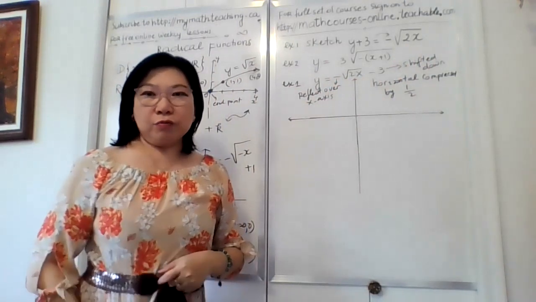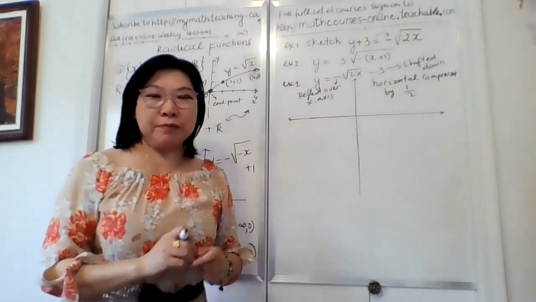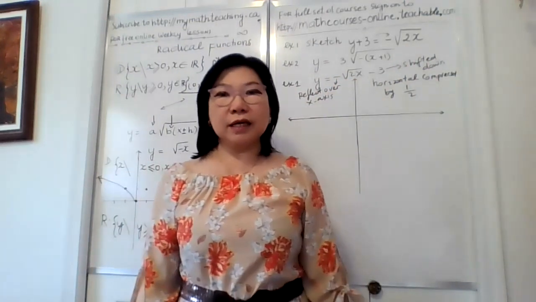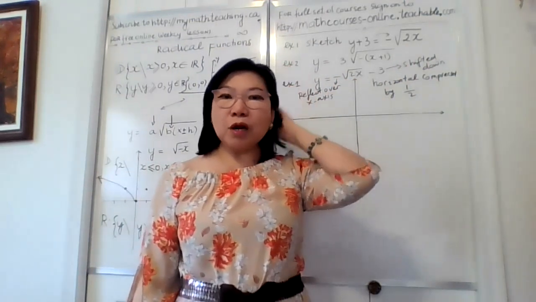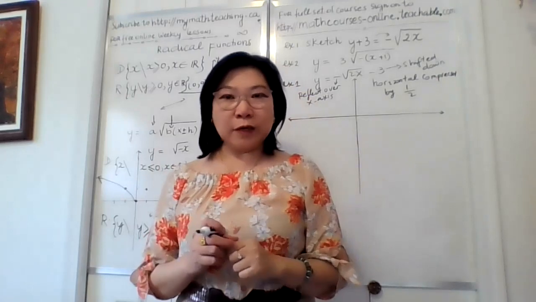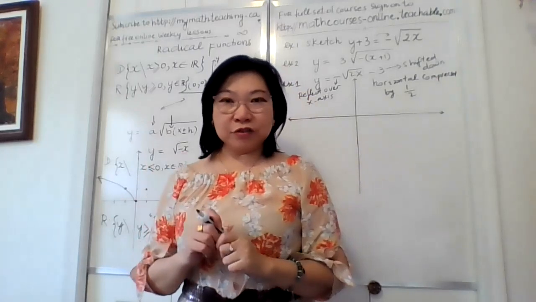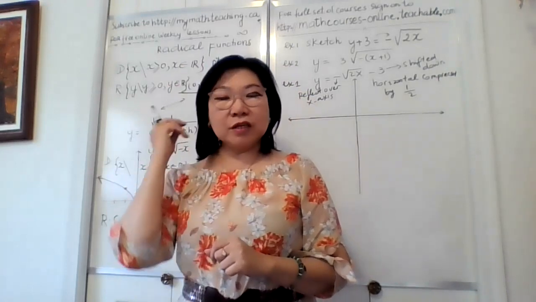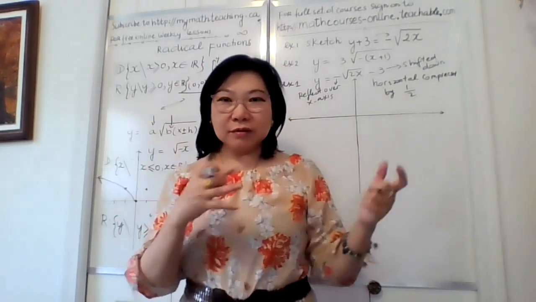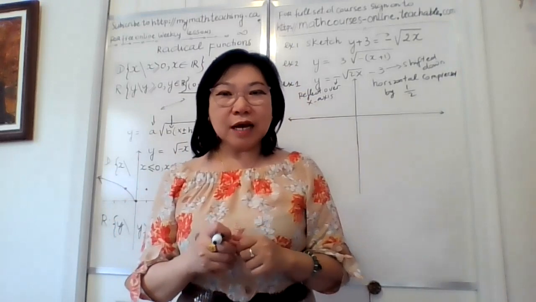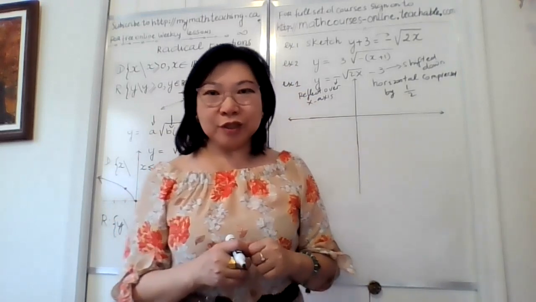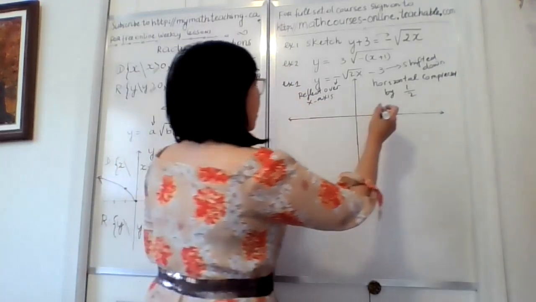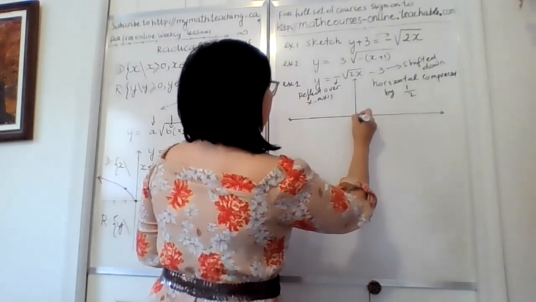So how are we going to sketch this complex radical function? The easy way, if we use a transformation and we want to be accurate, is to plot the base points from the basic function. And then from the base points of the basic function, we can start sketching our transformation, right? So let's talk about the basic points.